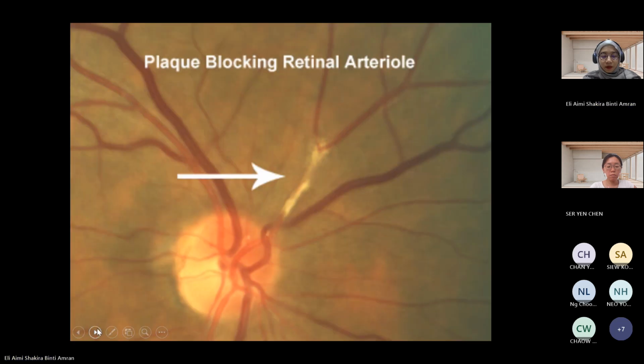Okay, this is how it looks for a blocked retina. You can see a silver wiring in the fundus. But you have to look carefully, because you might miss it. It looks like some kind of reflection, and sometimes you can mistake it for artifacts, especially if you're using a fundus camera with low resolution.